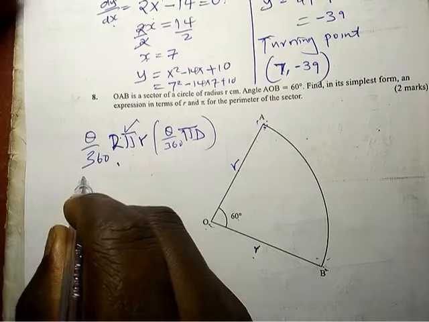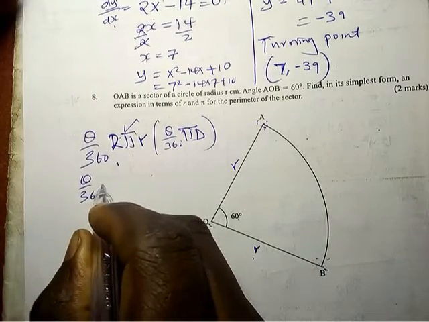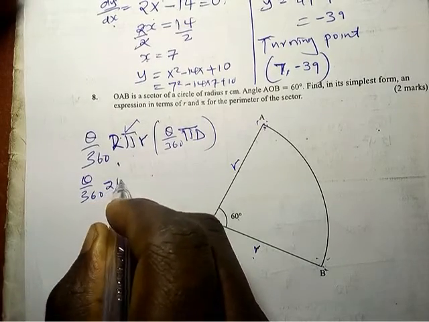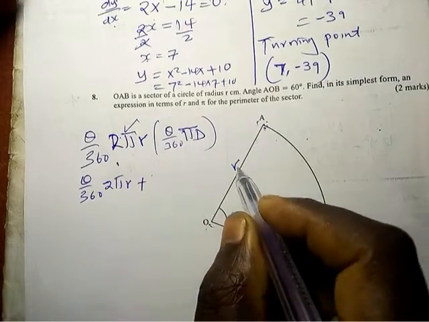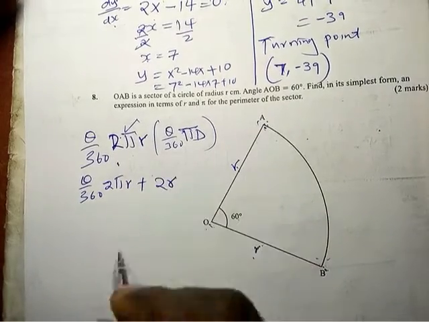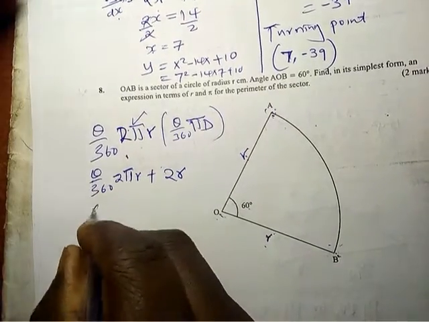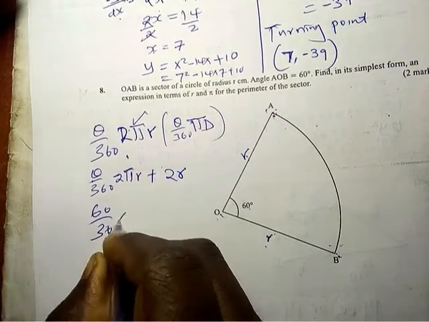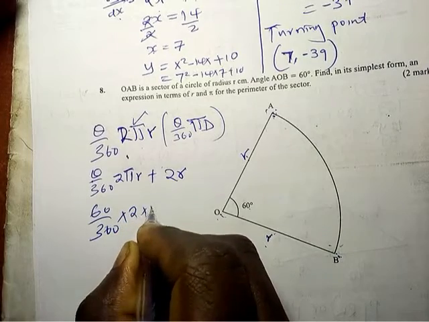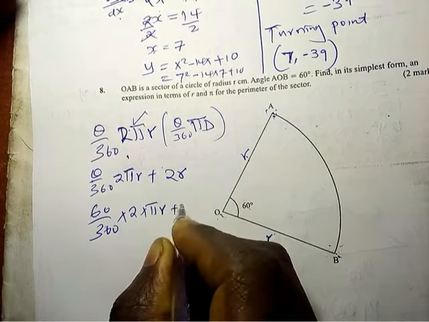Hiyo kwa sababu perimeter ni kuongeza all around. So it would be theta over 360 2 pi r plus r plus r, plus 2r. Umeona hivyo? Very good. Now theta is 60 over 360 times 2 times pi r plus 2r.